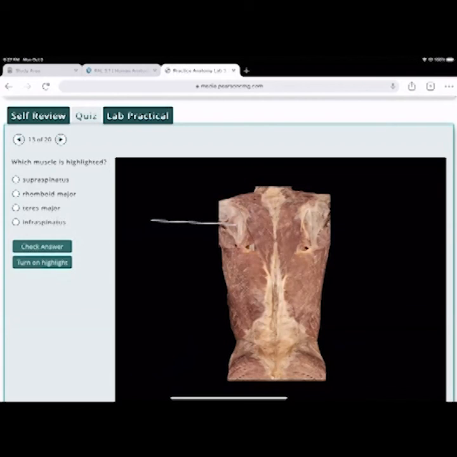It's hard to tell what's been cut away here, because your rhomboid major and rhomboid minor are right here. Your teres major comes out to the side a little more. So hard to tell. What do you want to guess at? Teres major? No, infraspinatus. Because the infraspinatus is a triangular muscle that sits right here, but it's hard to tell how deep that cut is.